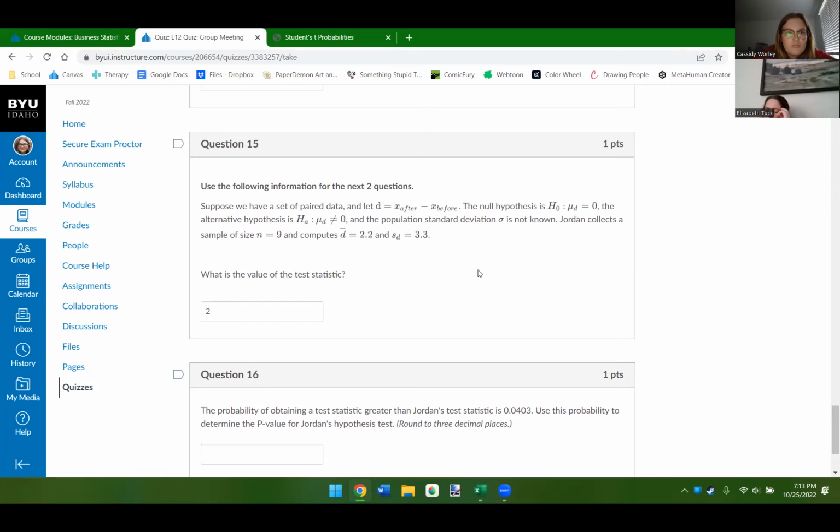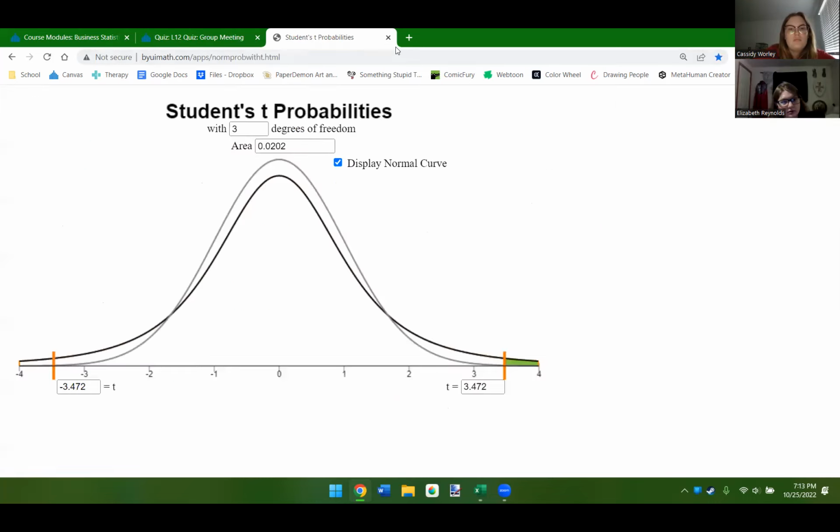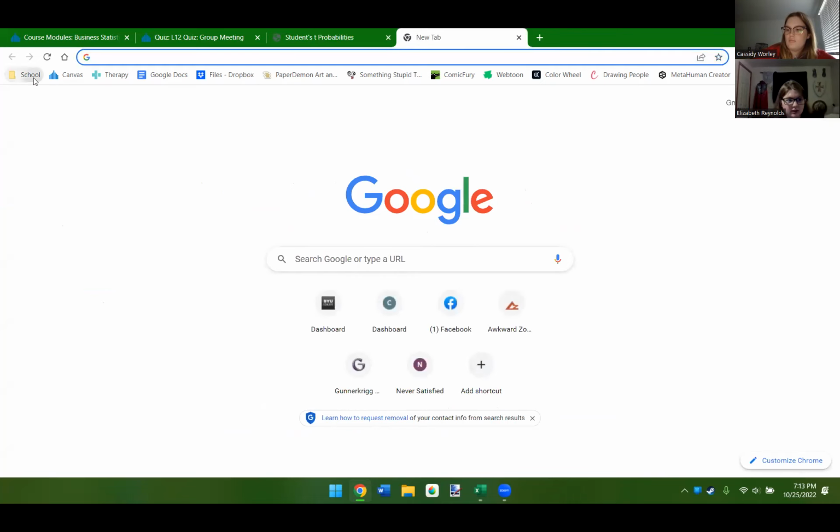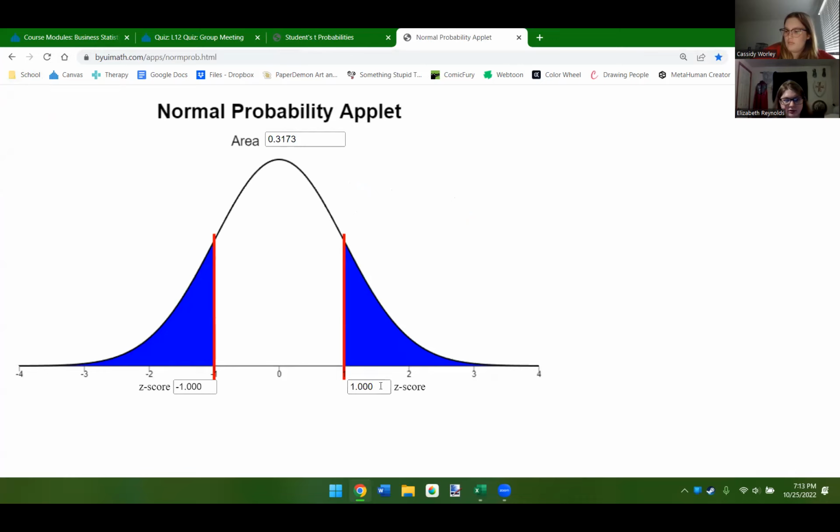Because in my notes from a few lessons ago, the z-score is essentially the p-value, correct? Well, the z-score would be, okay, new tab because of the zoom controls in the way. There we go. In the regular applet, the z-score goes here, and then the p-value would be in the area box.